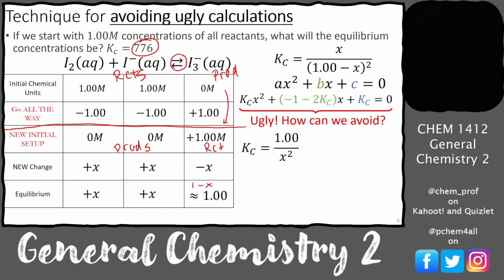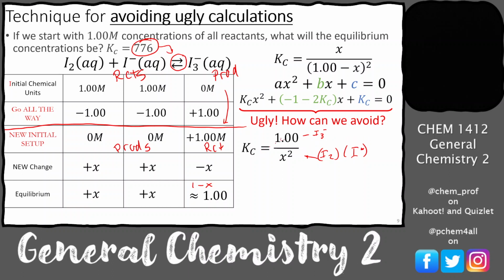So here's our equilibrium constant expression. We still have this reaction written in the forward direction, so we're still going to keep K as the triiodide over the I2 and the I minus. So it's still written out like this. This is the I3 minus, and that's the I2 times the I minus.